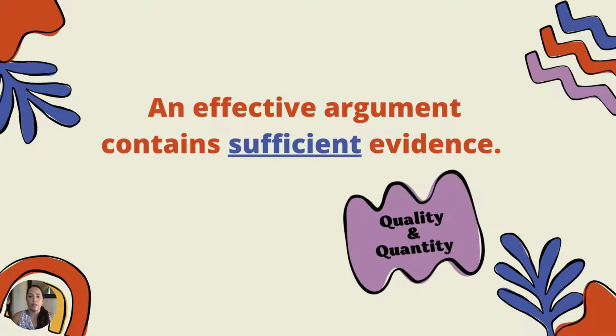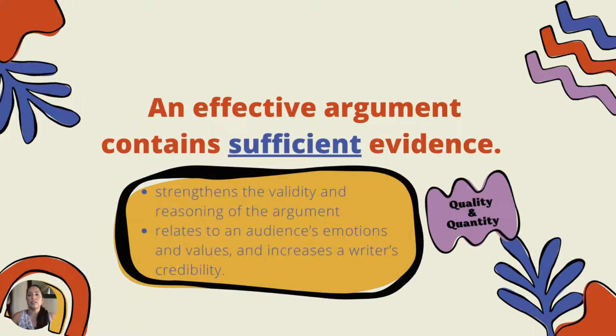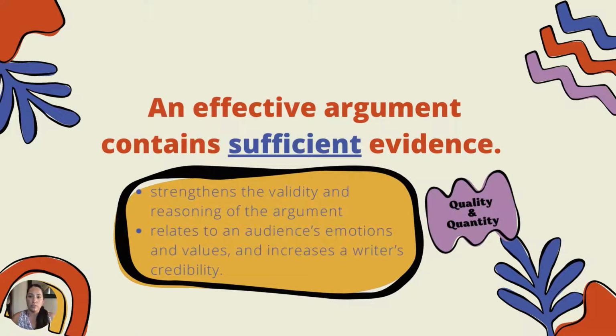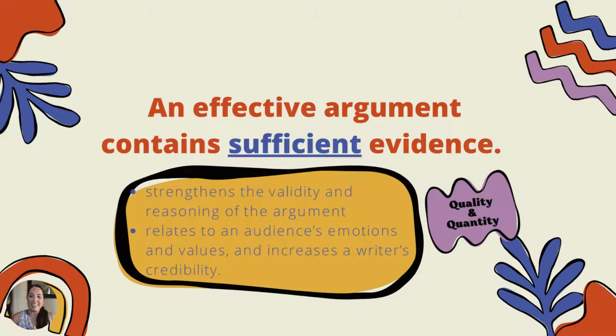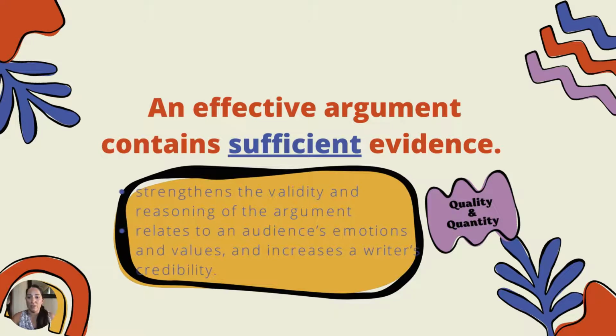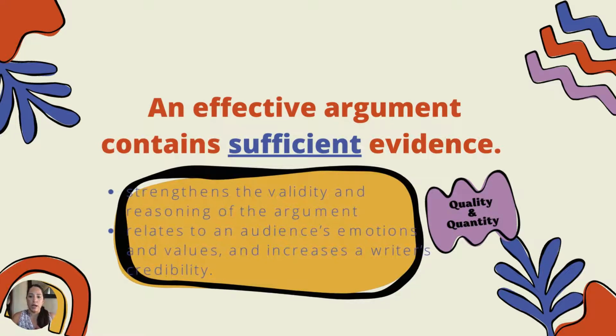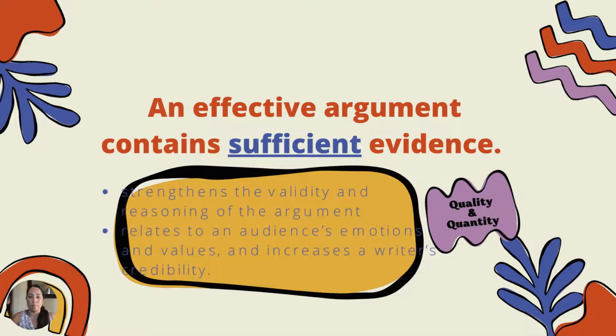An effective argument contains sufficient evidence. This includes both quantity and quality. Strategically selected evidence strengthens the validity and reasoning of the argument, and it ideally should relate to an audience's emotions and values and increases a writer's credibility. This is a reminder of how a speaker's audience matters.